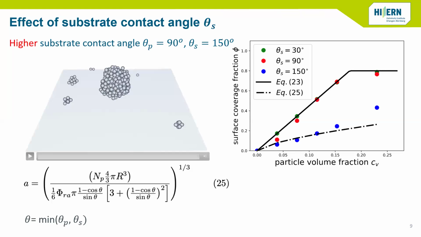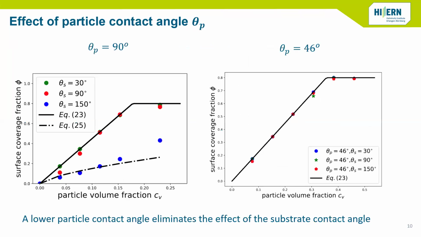Okay, then afterward we study the effect of the particle contact angle. So in the left plot, you see the case for a particle contact angle equal to 90 degrees, and then we reduce the particle contact angle to 46 degrees. Then we run simulations with different substrate contact angles.